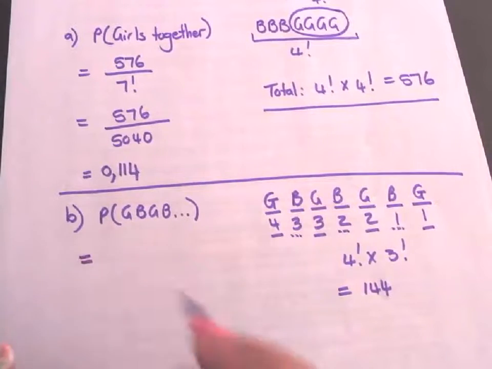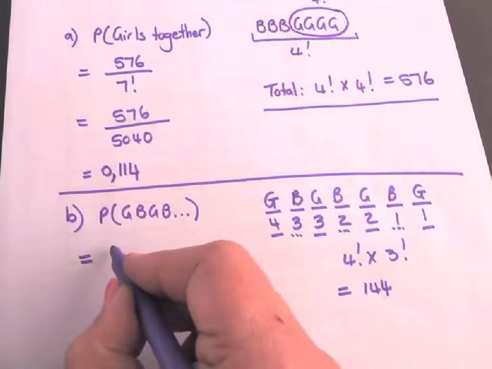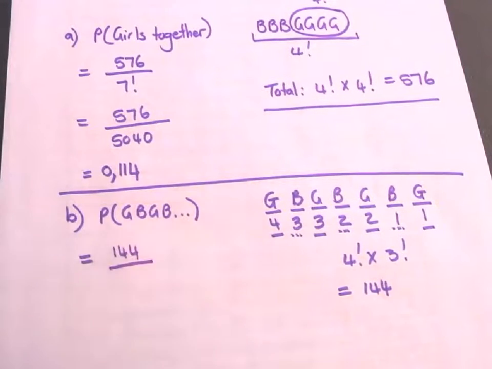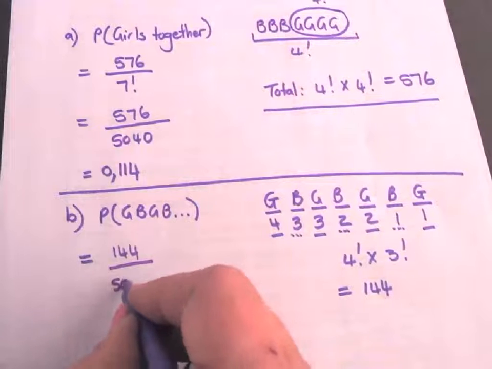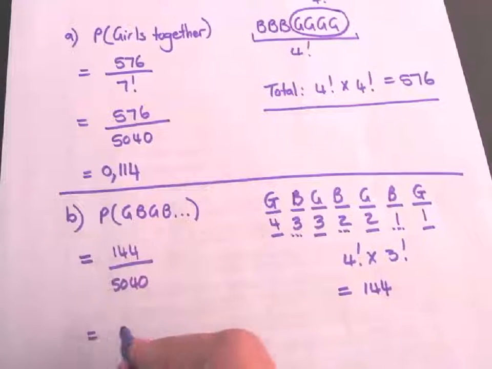So the probability will be what? What is the numerator? 144 over 5040. And that is 0,029.